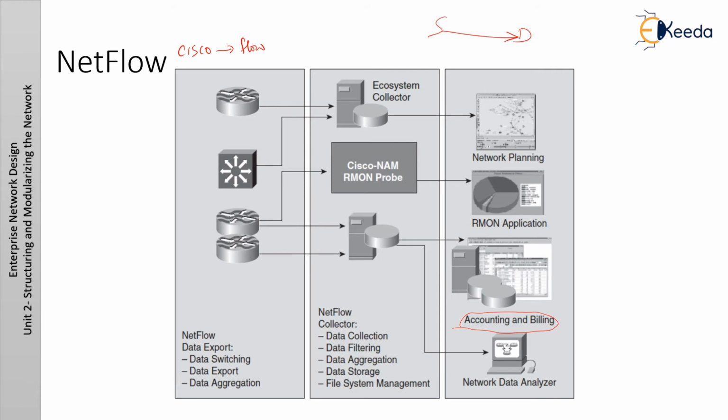Network planning and analysis. The second module is network planning and analysis. This is also very important because without analysis you won't be able to forecast or use the network efficiently. So what is inside that?